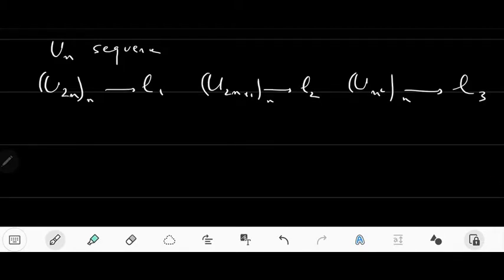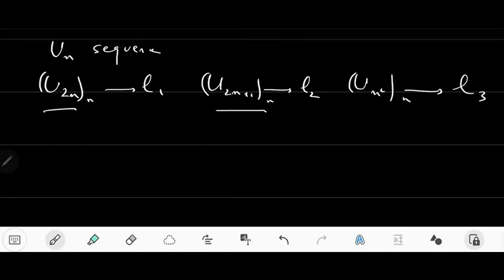We said also that if you have a subsequence converging to a limit, it doesn't mean that the sequence is convergent. And we said that if a sequence is bounded, then it has at least one converging subsequence. Now I will say something more: if you have u2n and u2n plus 1 convergent to the same limit, then of course un will be convergent and to the same limit, because u2n and u2n plus 1 together form all the terms of the sequence.